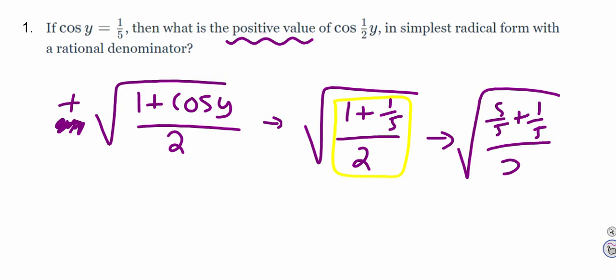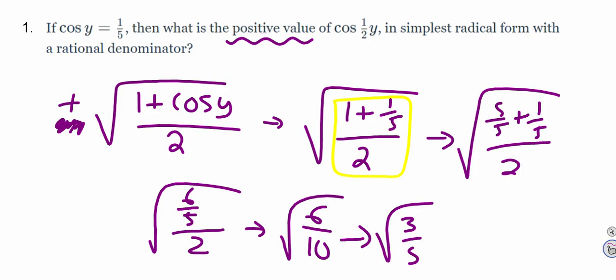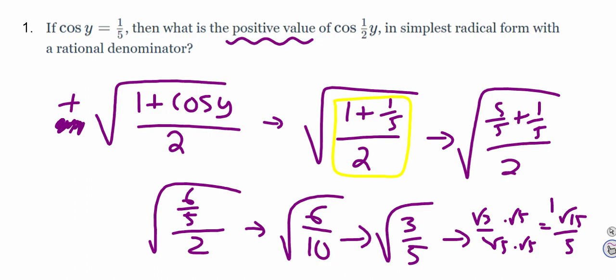If you wanted to do this in your head, that would be square root of 6 over 5 over 2, which is 6 over 10, which is, just have your calculator do it. Anyways, split it up, and then, of course, rationalize your denominator. But once again, you're going to have your calculator. You do not need to do all of that by hand. All right, let's do one more.